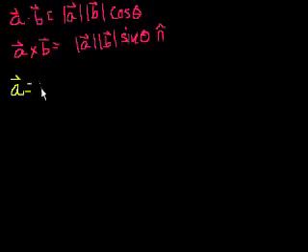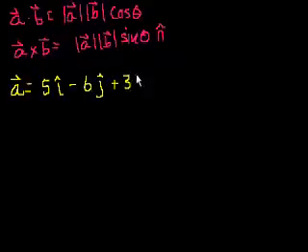So let's say vector A is 5i minus 6j plus 3k. i, j, and k are just the unit vectors in the x, y, and z directions, and the 5 is how much it goes in the x direction, the minus 6 is how much it goes in the y direction, and the 3 is how much it goes in the z direction.